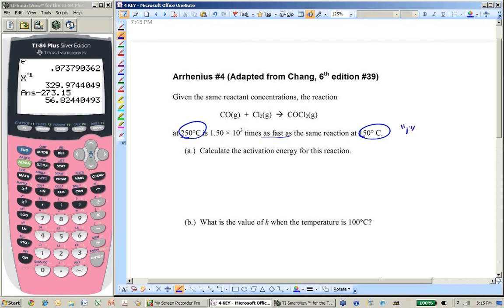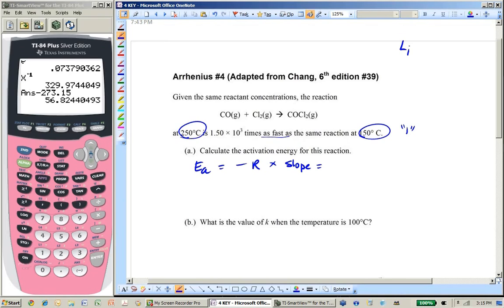So what we're going to do now is actually put that in, but we got to convert these temperatures to Kelvin and make reciprocals. We're going to get a perfect R when we do this. So Ea is still equal to minus the gas constant R times the slope. So I've just got to think about what I'm doing.